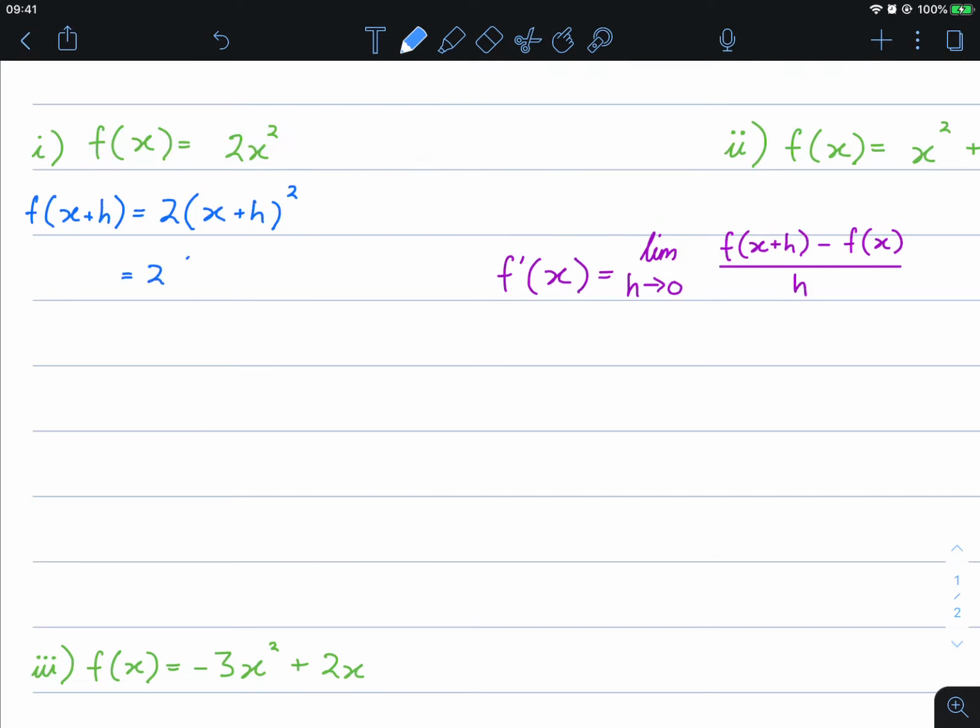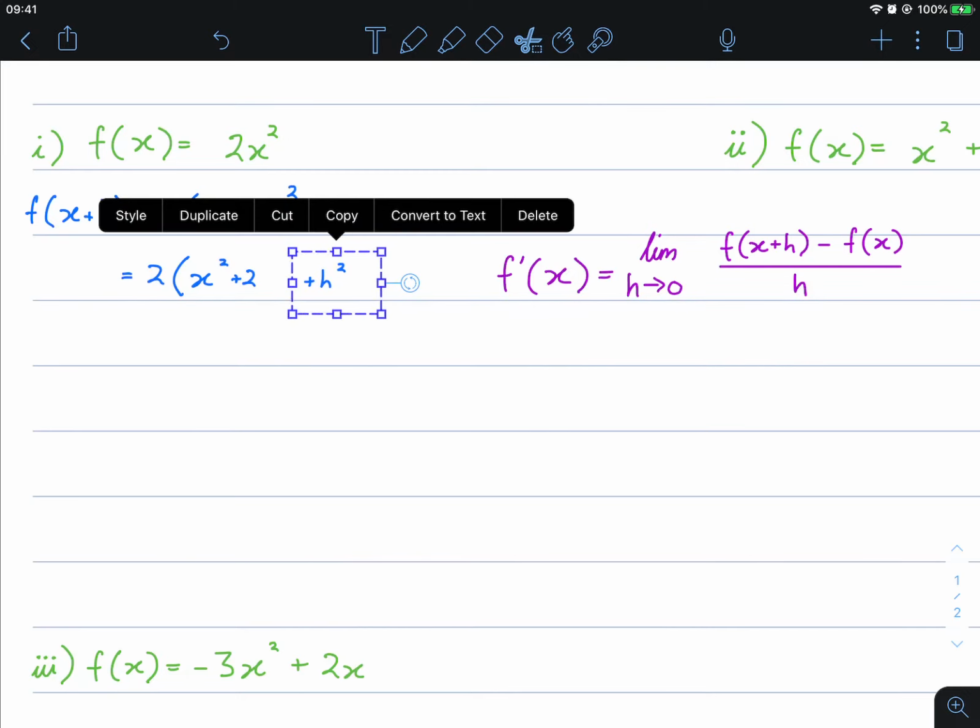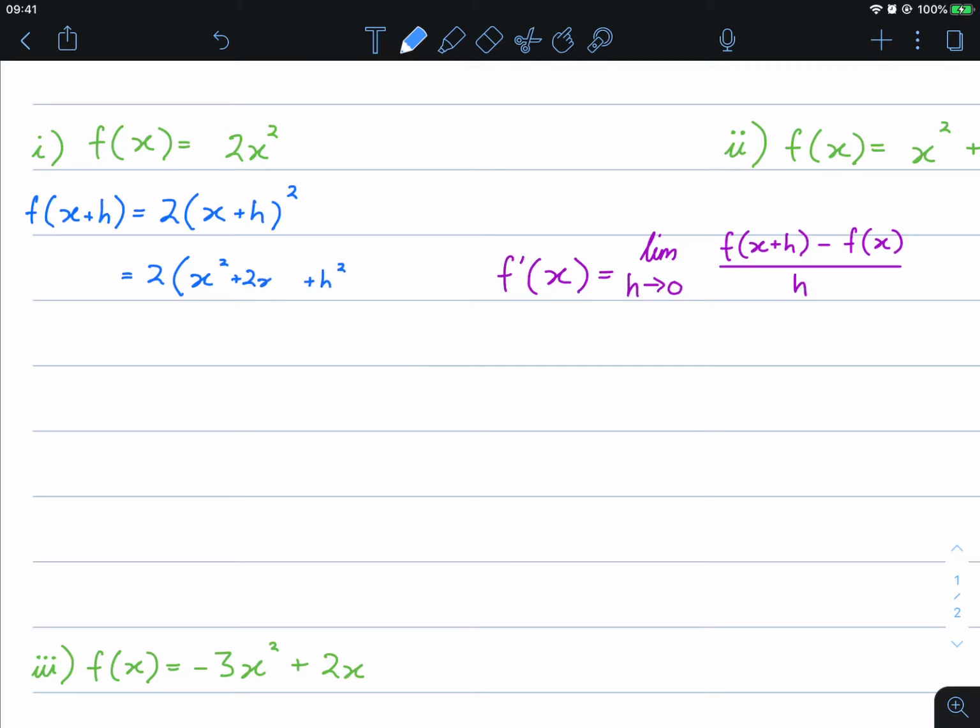This becomes square the first plus square the last plus 2 times the product. So 2 times x times h, 2xh. Let's expand this one again.